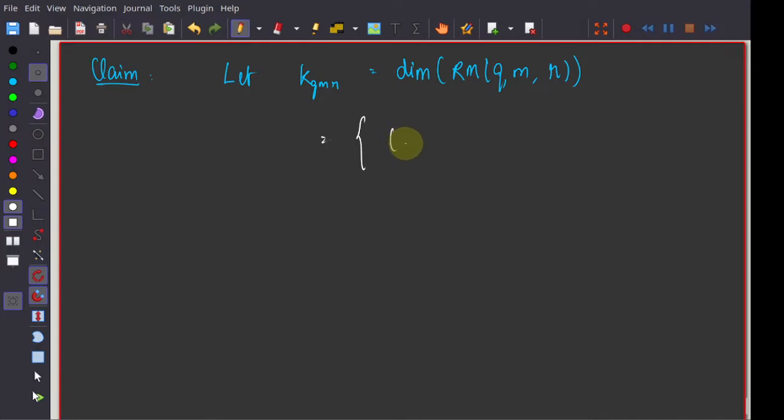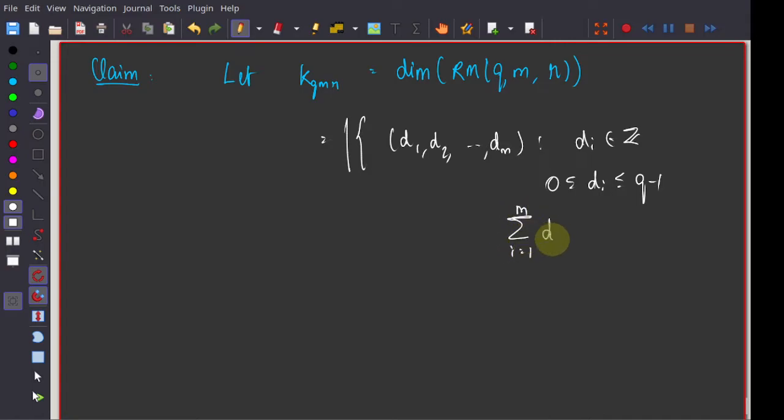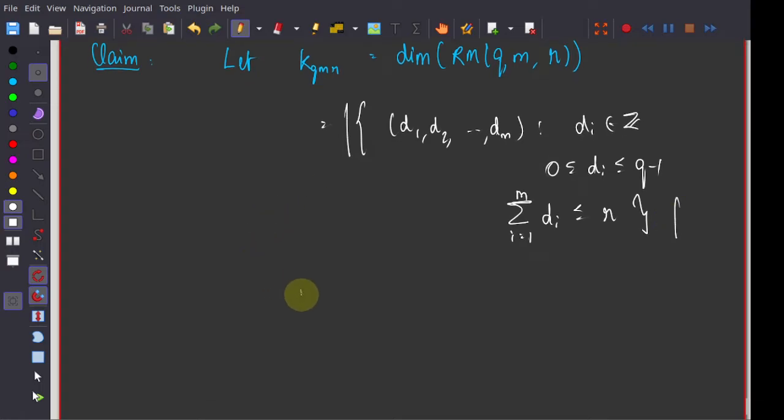So this is equal to the number of possible (d1, d2, up to dm) such that each di is an integer, di is greater than or equal to 0 but less than or equal to Q minus 1, and the summation of di for i equal to 1 to m is less than or equal to R. It's a simple looking counting problem, but again we can't get a closed form expression, but we can prove the following upper and lower bound.